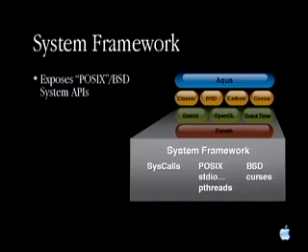The application environments themselves tend to be written on top of this API set. The system framework is also responsible for other kinds of services as well, things like pthreads, the math library, the basic C libraries, basically the very low-level set of APIs and services that you expect to be able to support an OS environment.